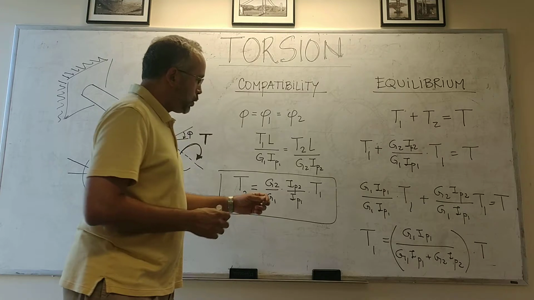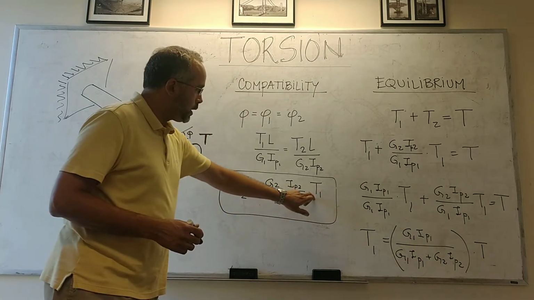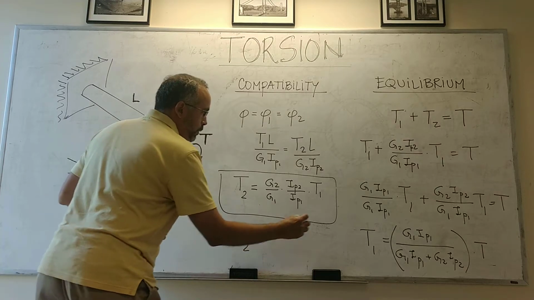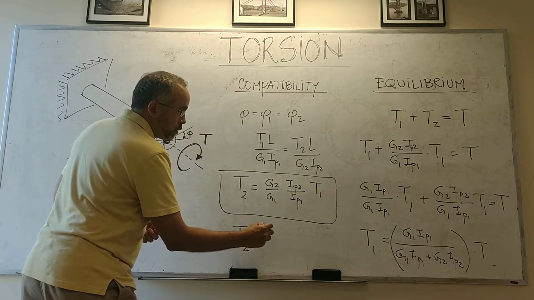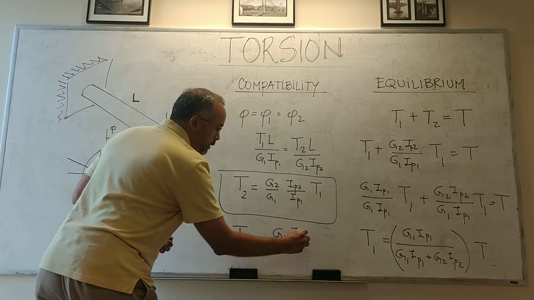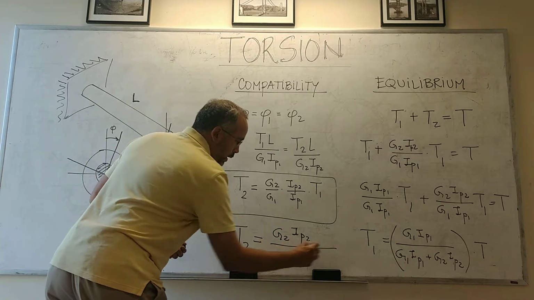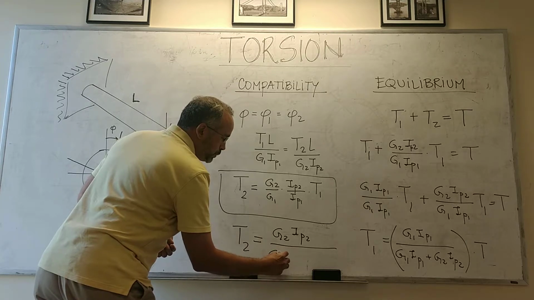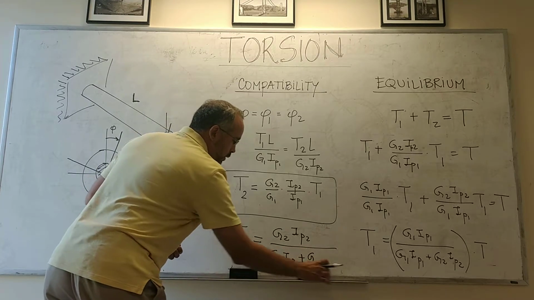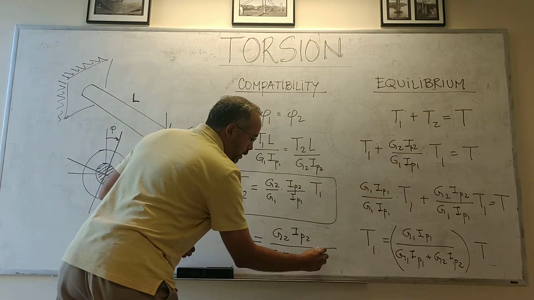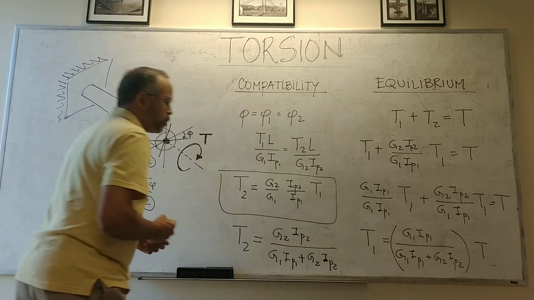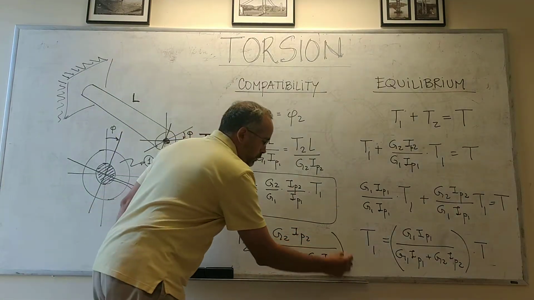If you take this and substitute in here, you'll get that the proportion of the torque that goes to material 2 is, not surprisingly, equal to the torsional stiffness of material 2 divided by the sum of the torsional stiffnesses.